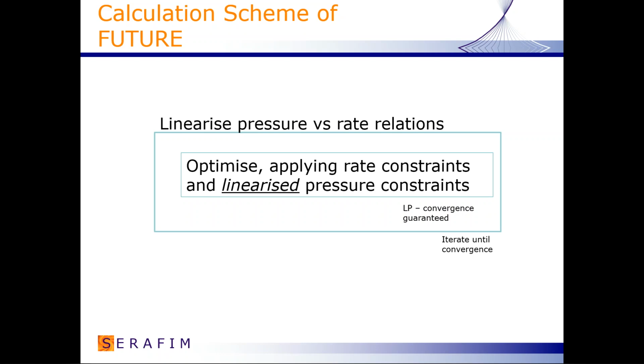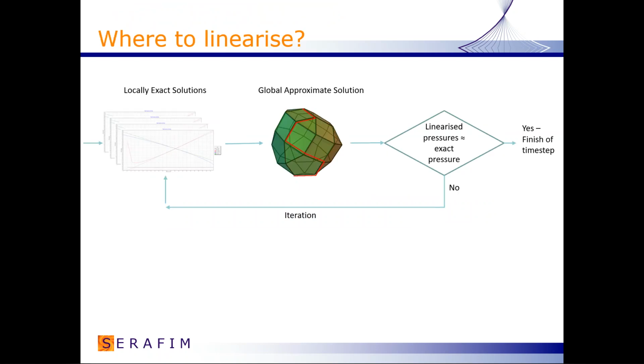This is based on the observation that if you happen to choose the right linearization point, if you happen to be linearizing eventually at your solution point, the linear and nonlinear equations have the same solution. So how does Future choose its linearization?